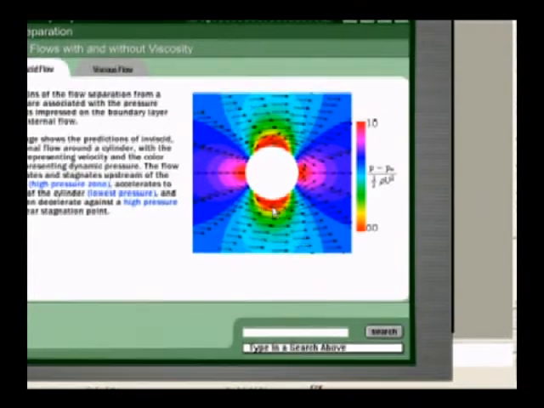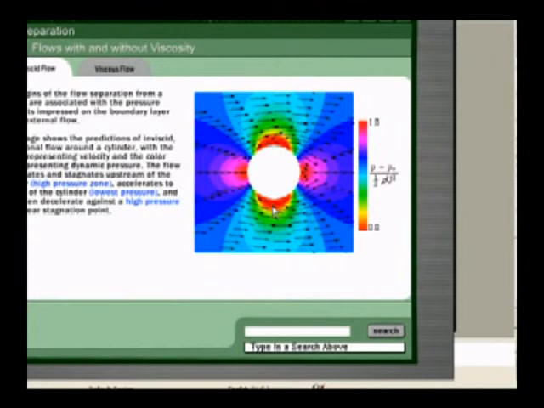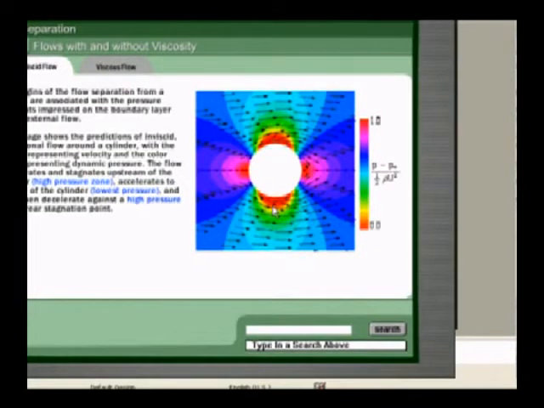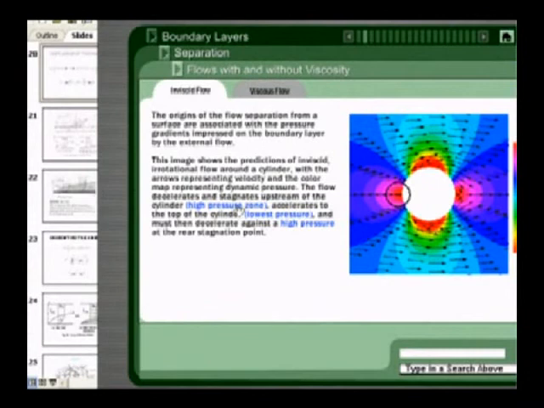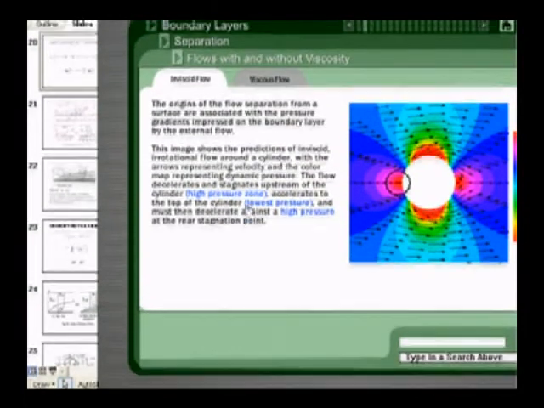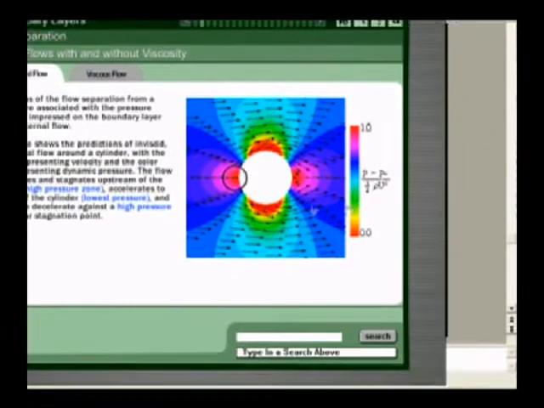Now in this video we have inviscid flow. Inviscid flow means the viscosity of the fluid is assumed to be 0. In that case, if we solve the problem of finding the pressure at different locations for flow over a cylinder, we will find that these are the high pressure zones.